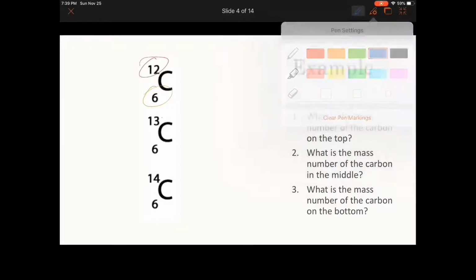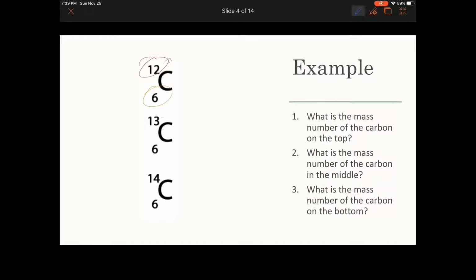Easy peasy. I just told you that this one right here was the mass, so that means this is 12. What's the mass number of the carbon in the middle? Number on top is the mass, so that means this mass is 13. What's the mass number of the carbon on the bottom? Top is mass, so that means this one is 14.